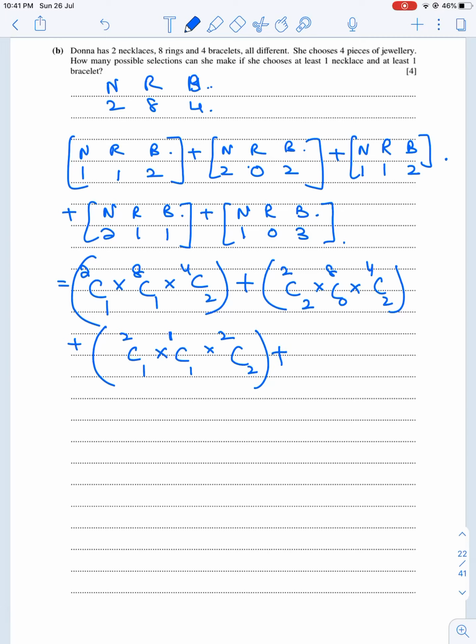For the fourth one here, 2 necklaces out of 2 she will choose, 1 ring, so 8C1, and there's 1 bracelet which she is supposed to choose. The last one, 1 necklace, no ring and 3 bracelets.